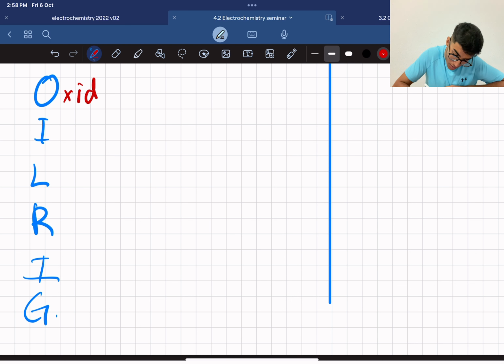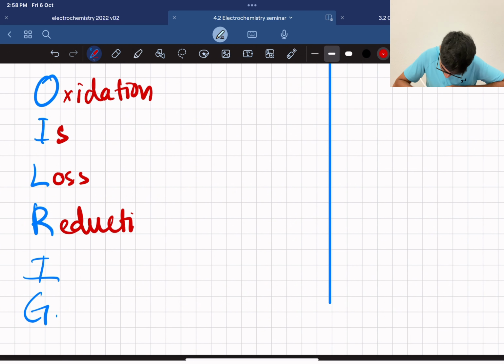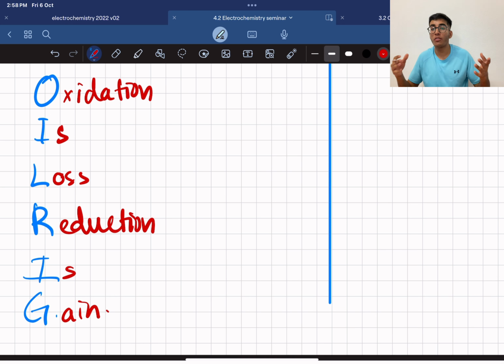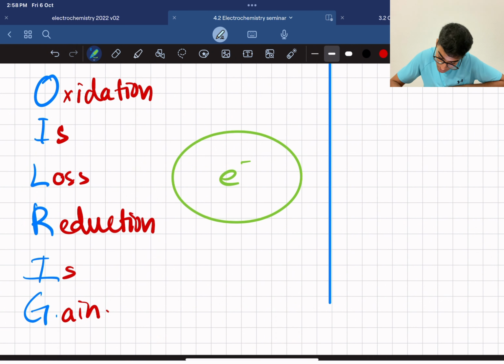Oxidation is loss. Reduction is gain. Loss of what? Gain of what? It is the loss and the gain of our friend, the electron.